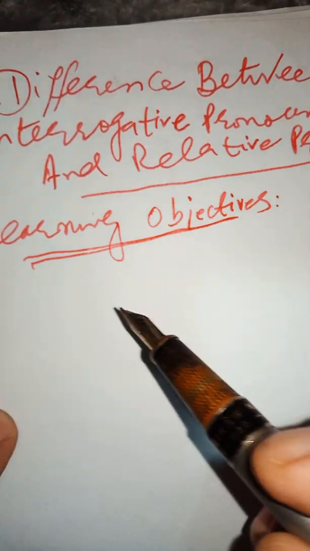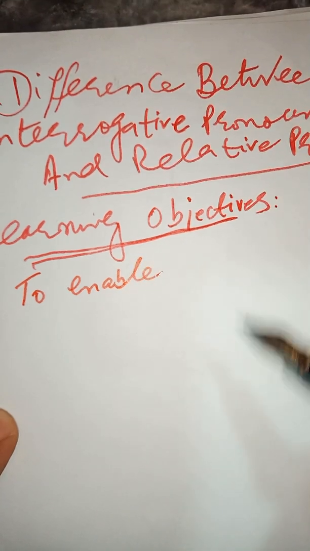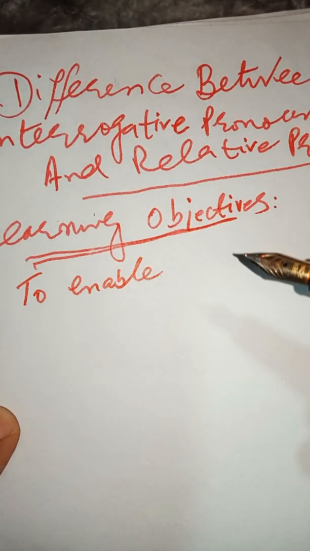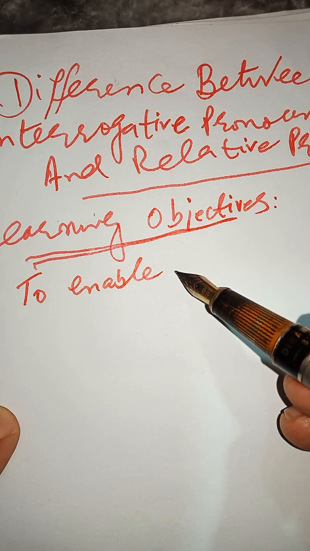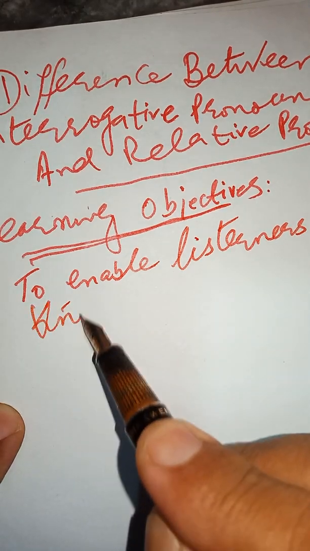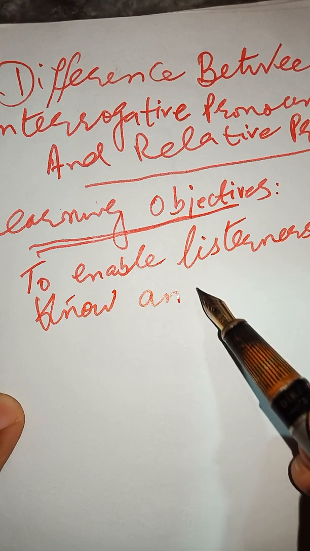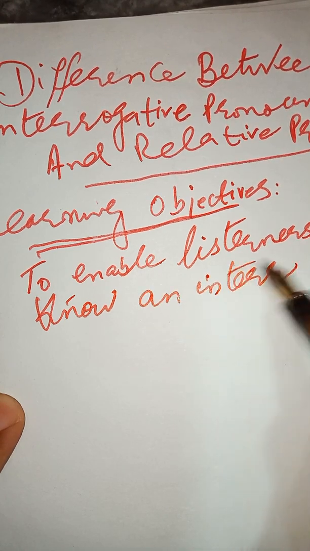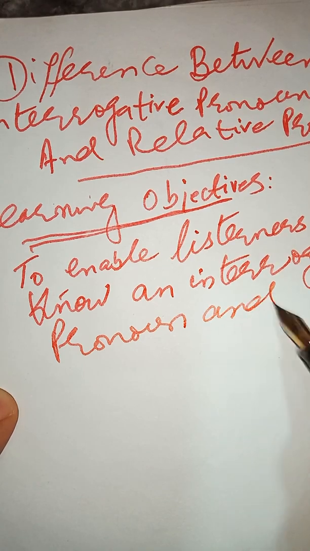Learning objectives. Number 1, to enable students, after reading this lesson and after watching this video, listeners will be able to know an interrogative pronoun and a relative pronoun.